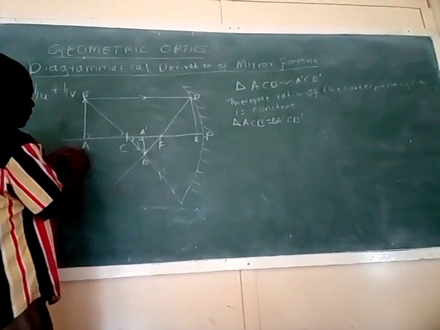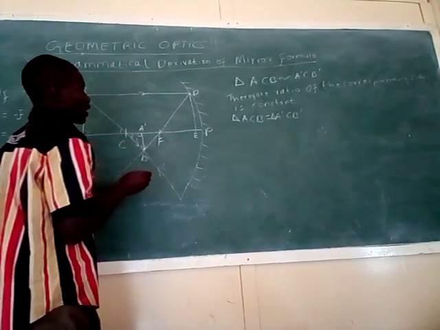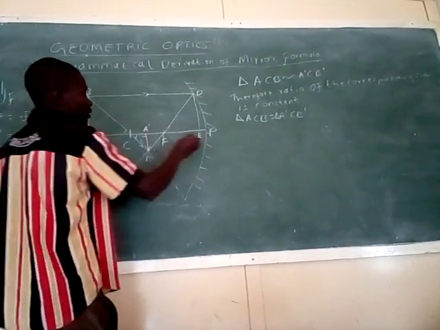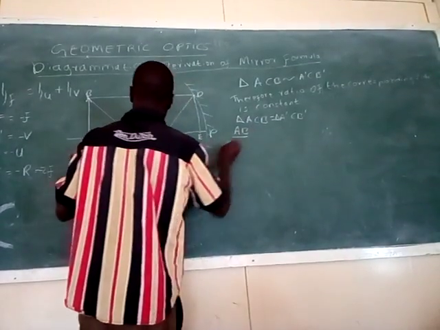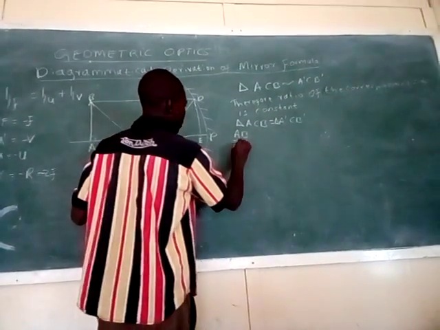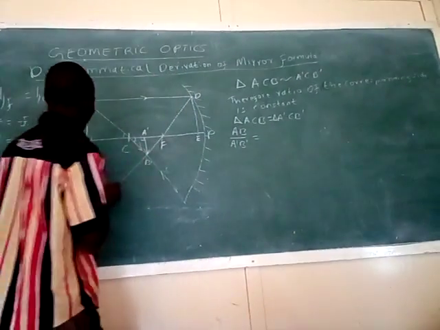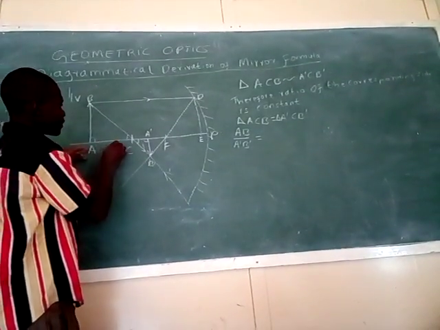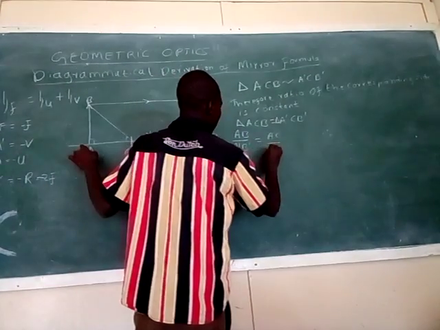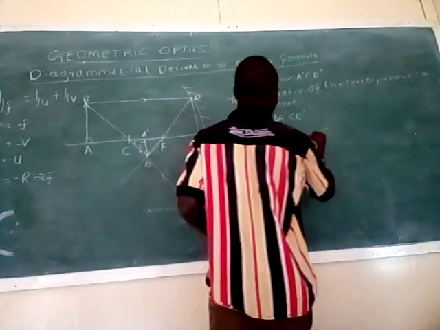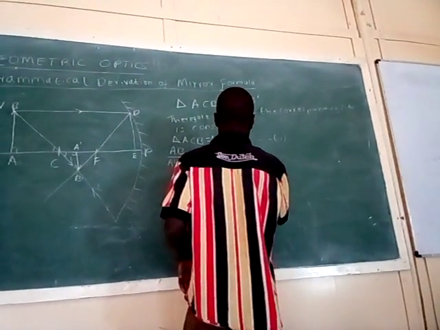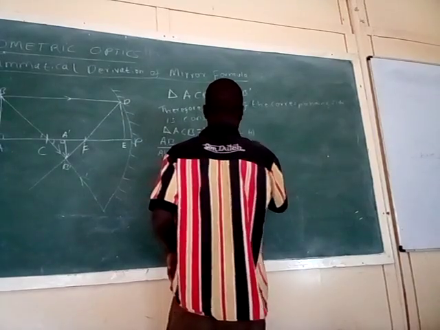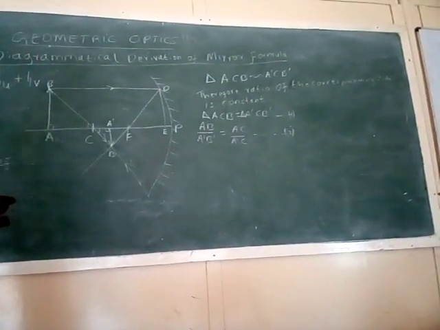Since these two triangles are similar, the corresponding sides of the two triangles are in constant ratio. Therefore, AB over A prime B prime is equal to AC over A prime C. You can call this our first equation, and this one the second equation. So we have AB.